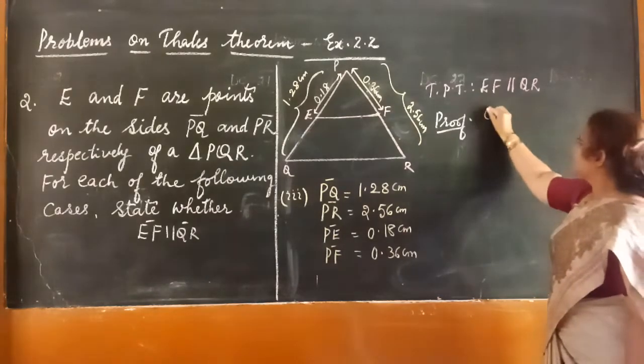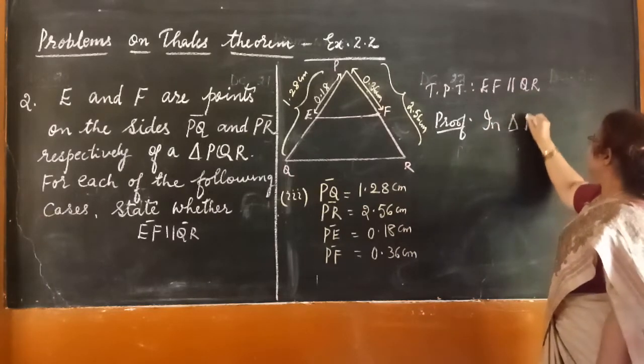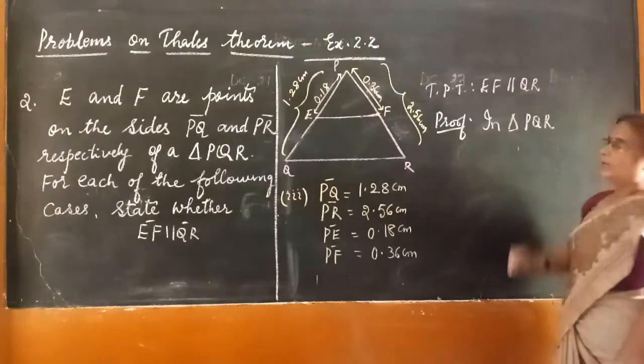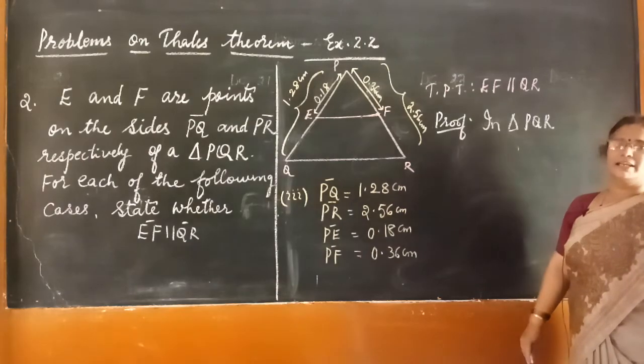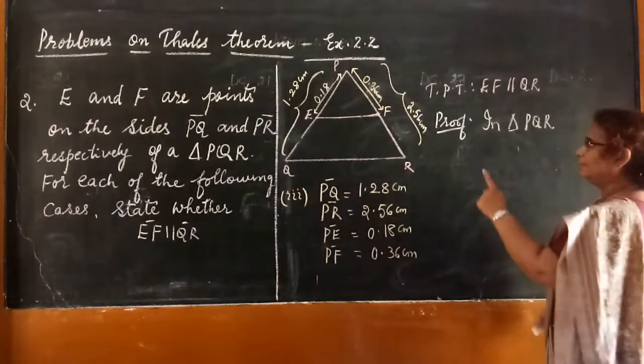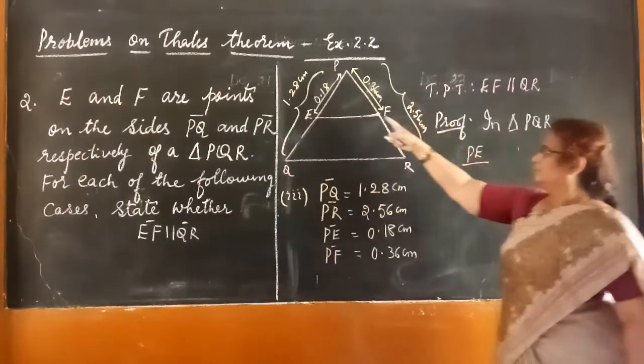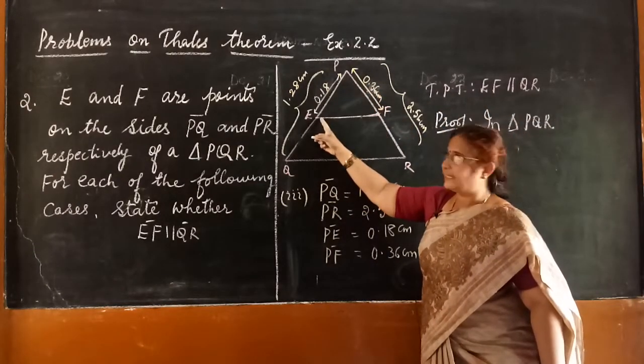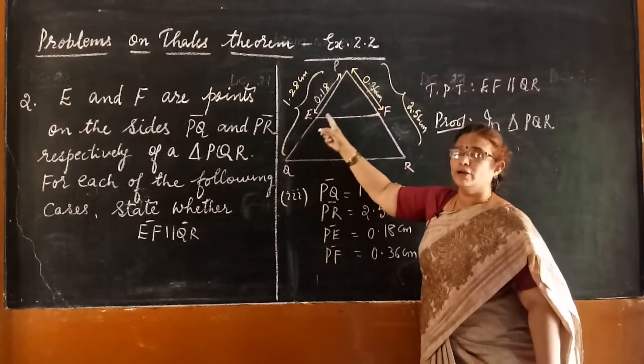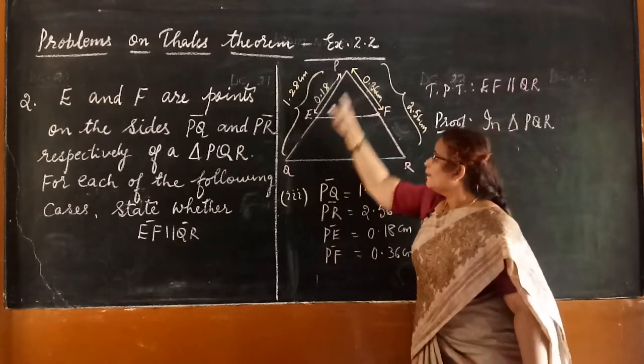So, in triangle PQR, I am going to apply the corollary of basic proportionality theorem to the side PE of the newly formed triangle, and the corresponding side of the given triangle, PQ.